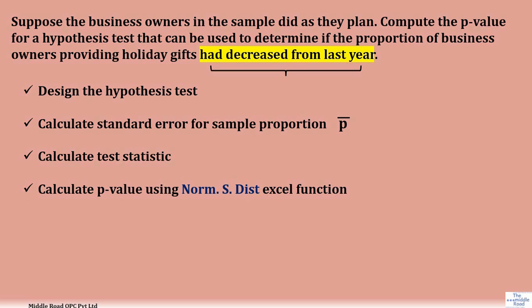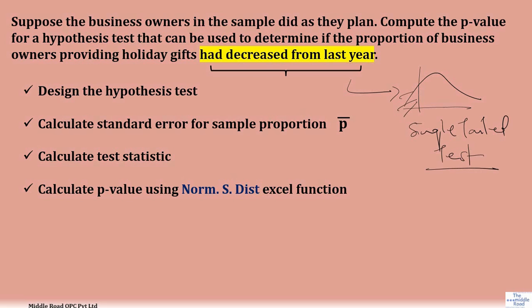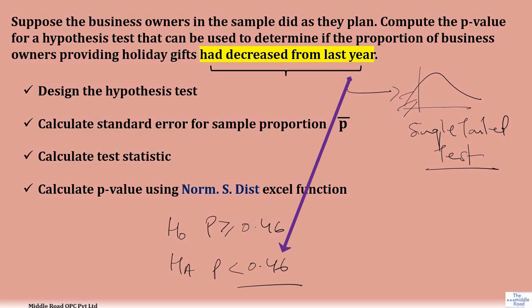That is a clear hint, so I've underlined decreased. This testing would be null. What you get from the question is has decreased, so this is what you want to test, whether it has decreased or not.